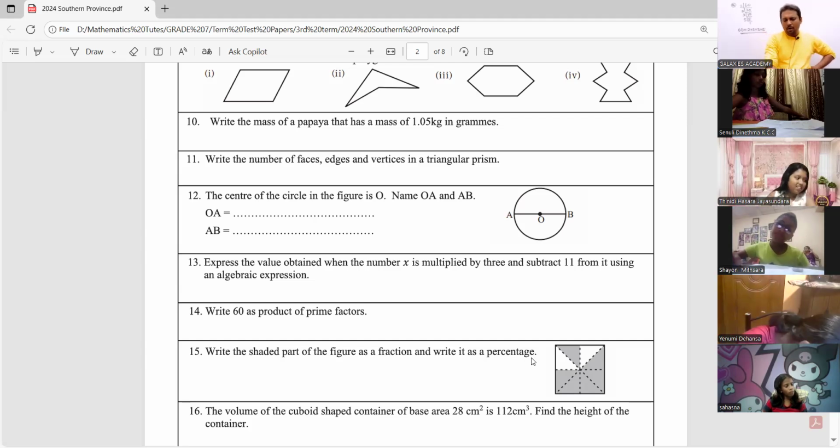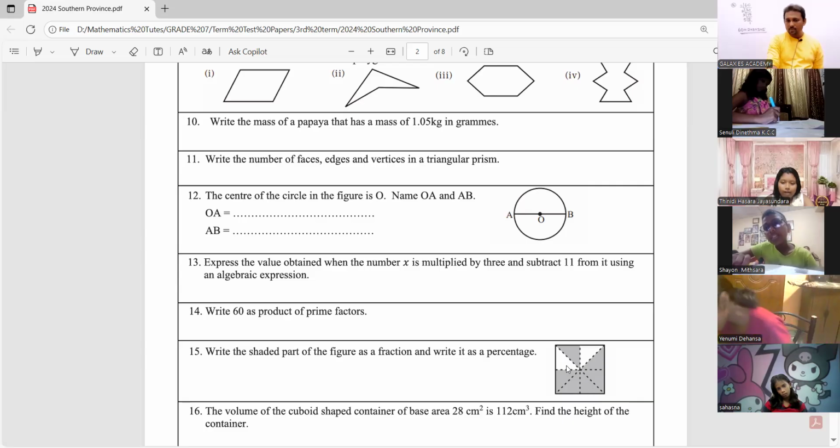How can you write it as a fraction? Can you tell me whether all these divided parts are equal in size or not? They are equal size, no? How many total parts is the figure divided into? Totally 1, 2, 3, 4, 5, 6, 7, 8.